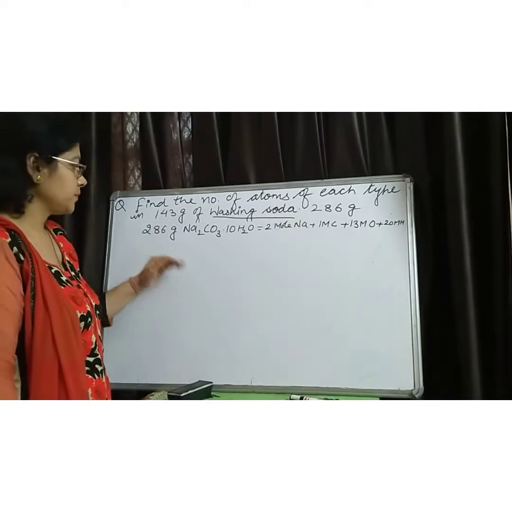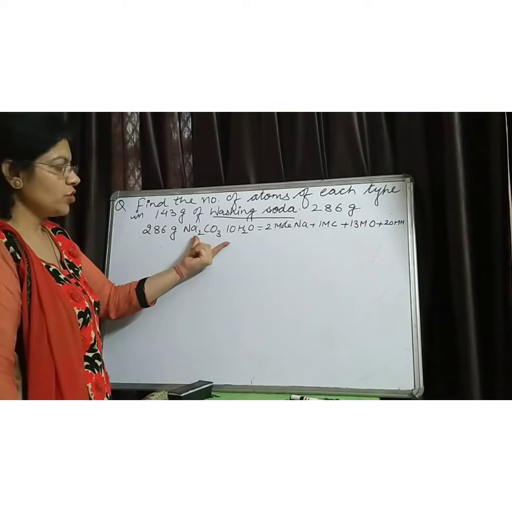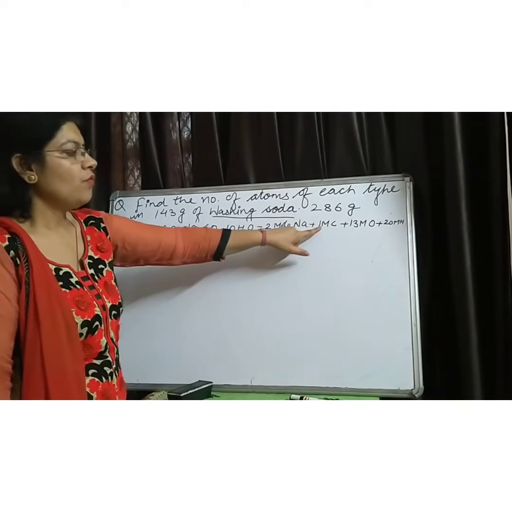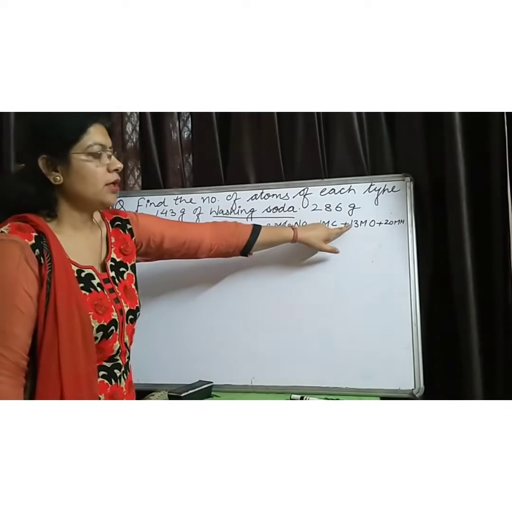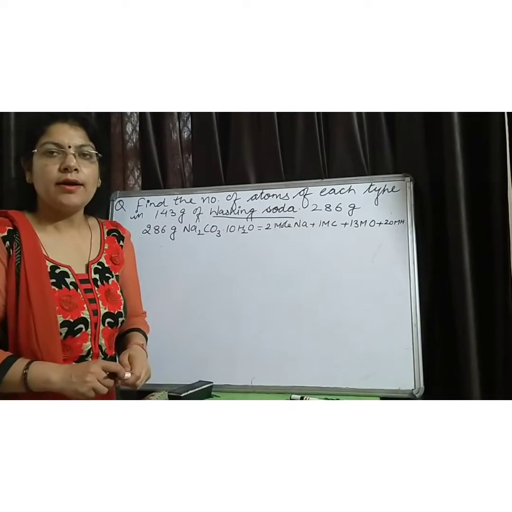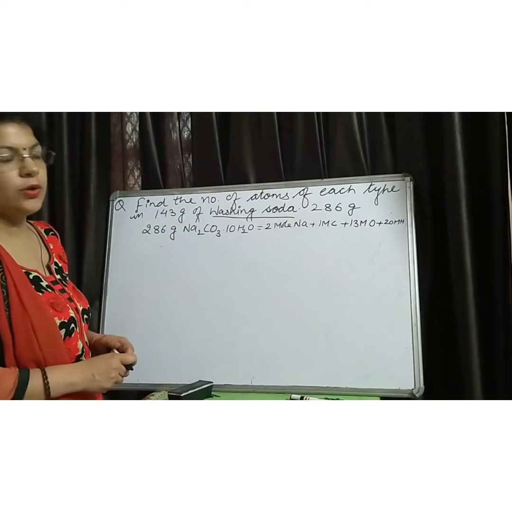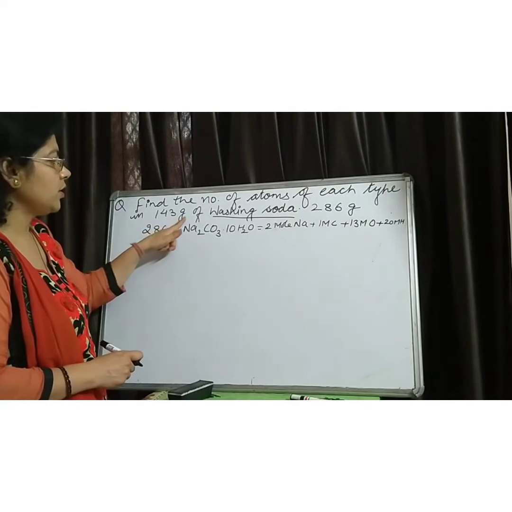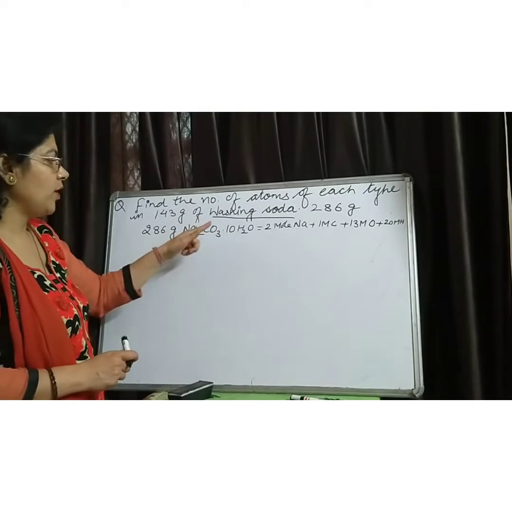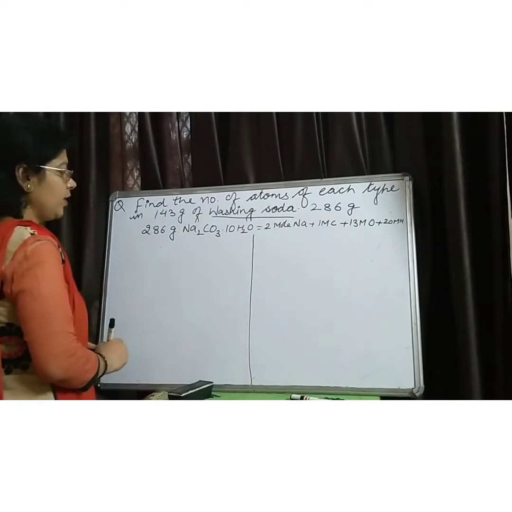In 286 gram or 1 mole of washing soda, it consists of 2 moles of sodium atoms, 1 mole of carbon, 13 moles of oxygen and 20 moles of hydrogen atoms, and we have to calculate in 143 gram of washing soda. So let us calculate each atom one by one.